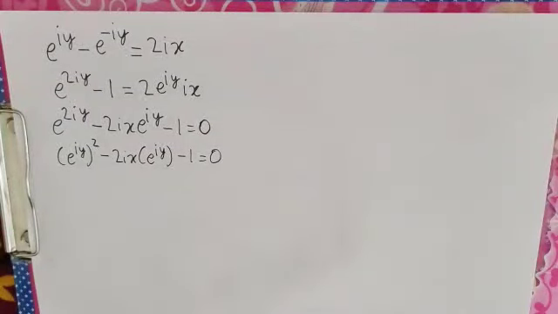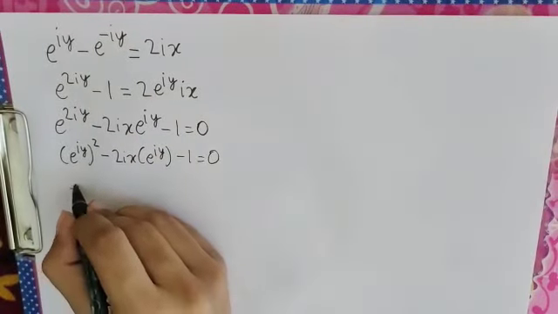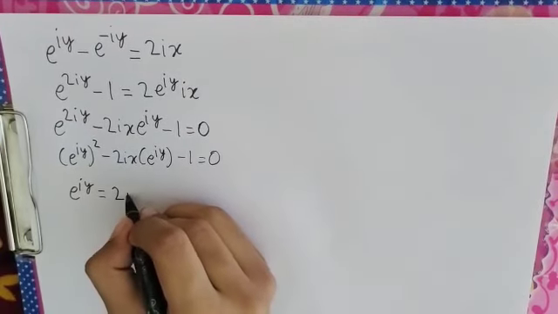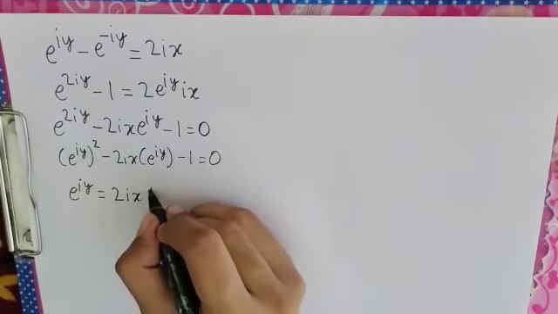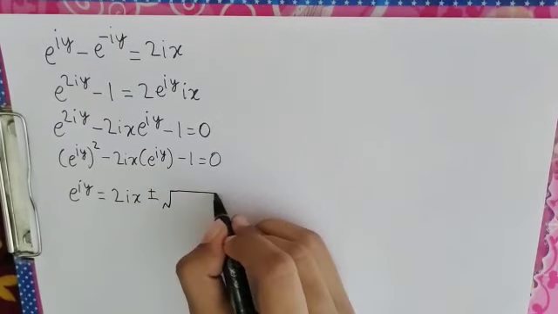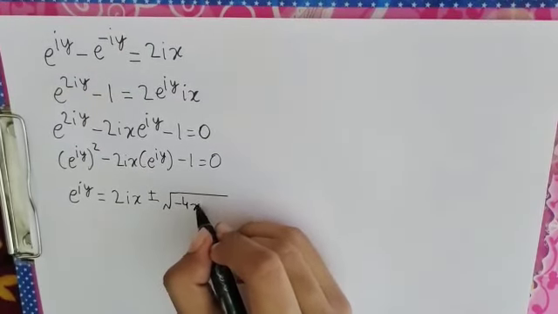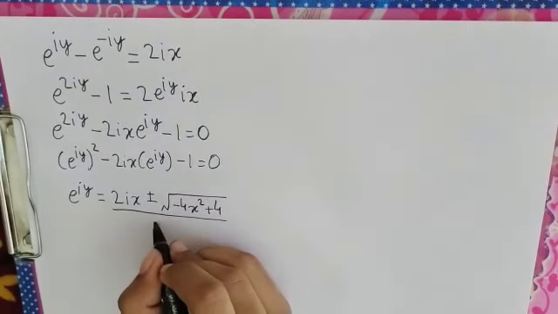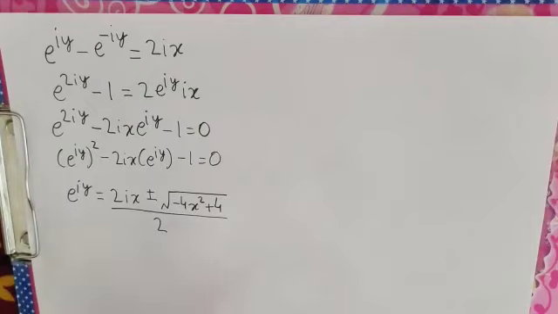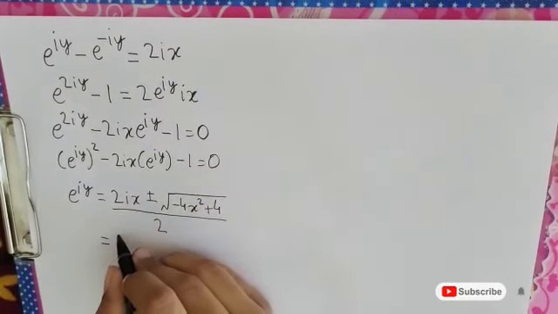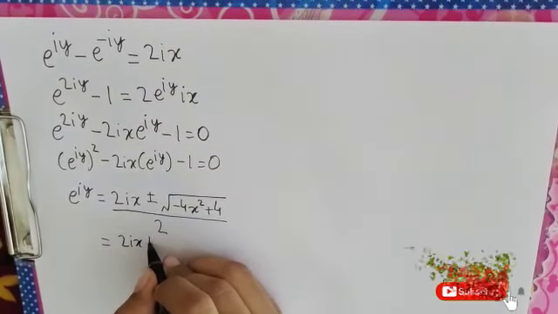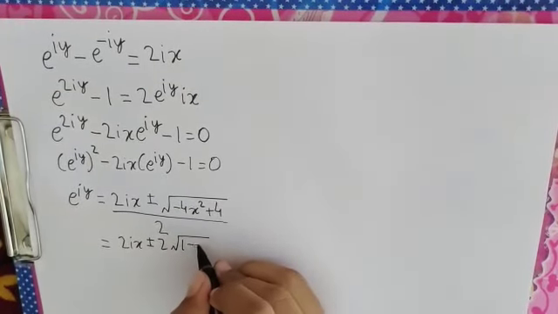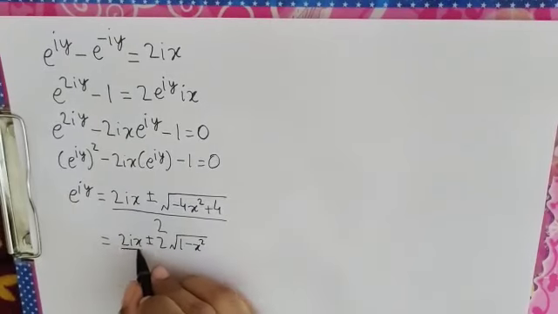By using the quadratic formula, we can write e^(iy) is equal to (2ix plus minus root of (minus 4x^2 plus 4)) upon 2. So this will be equal to (2ix plus minus 2 root of (1 minus x^2)) upon 2.